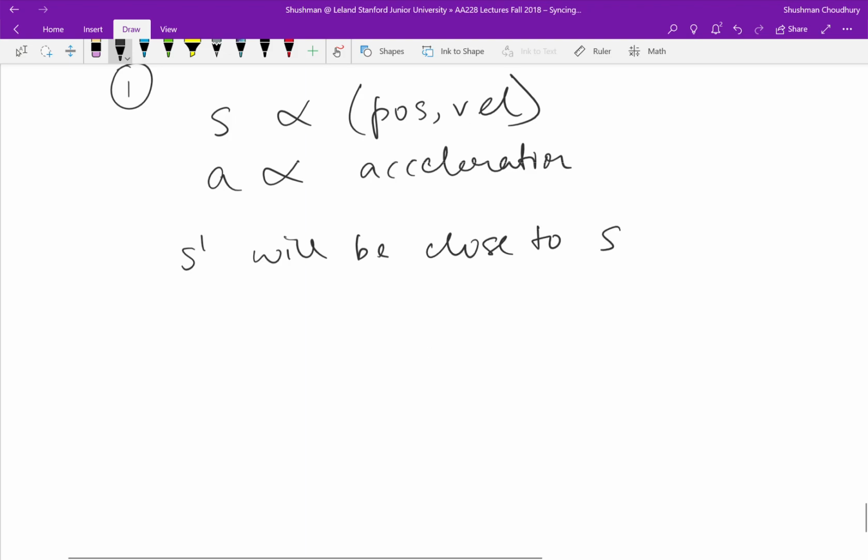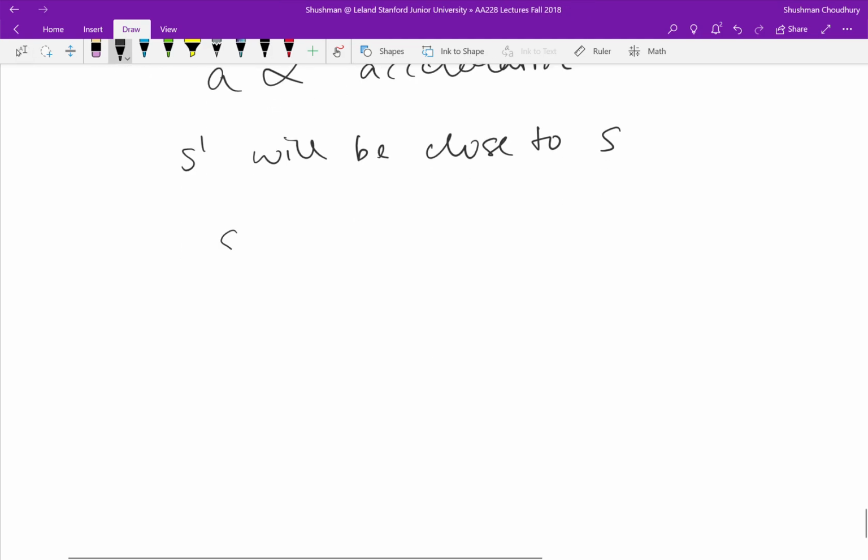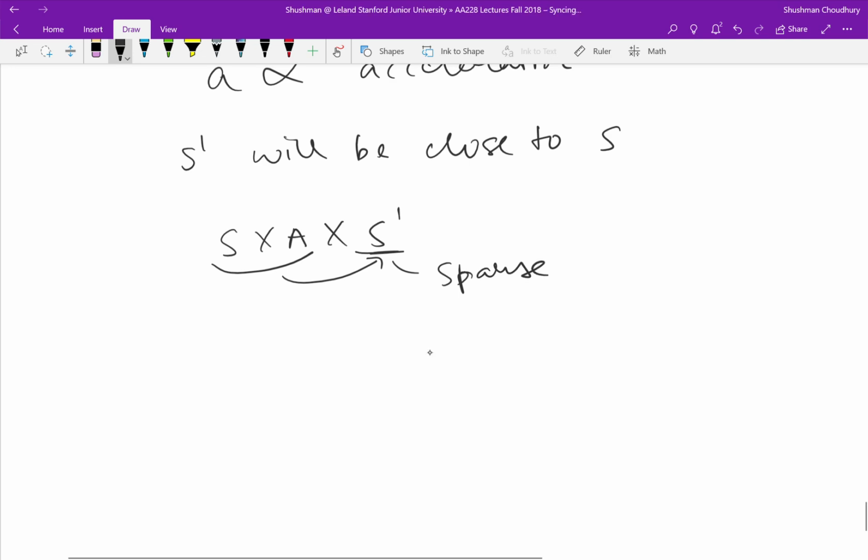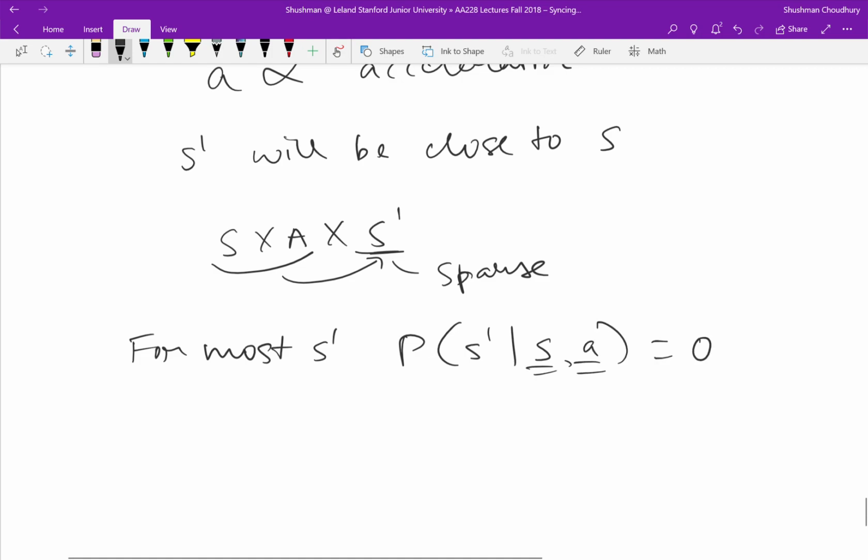As long as these are physically reasonable things, S prime won't be that far away from S. So this whole mapping of S cross A to S prime, for a given S,A, will be pretty sparse, because for most states S prime, the probability of going to S prime for some particular S and A will be 0, because it's just too far away, however it's encoded. You don't necessarily know that, but you don't necessarily need to.